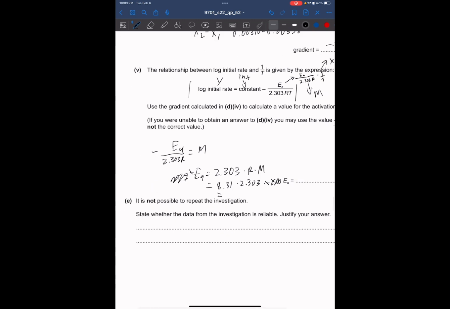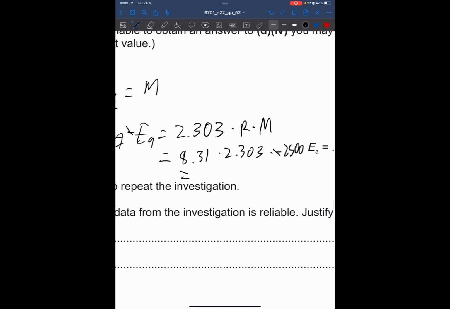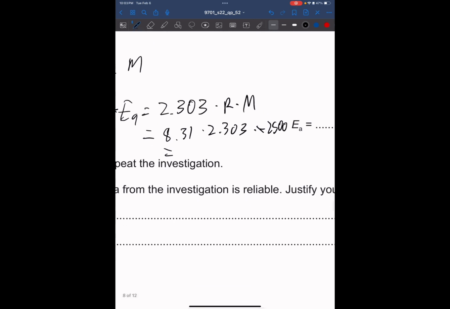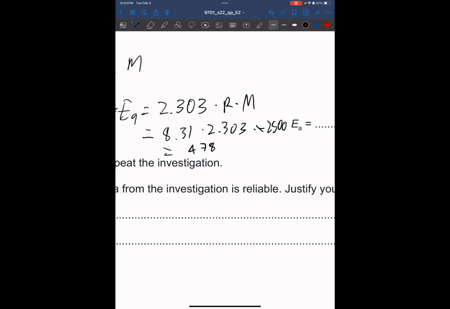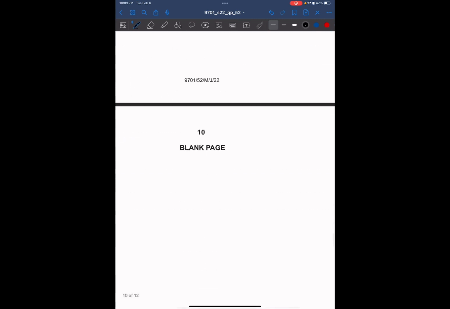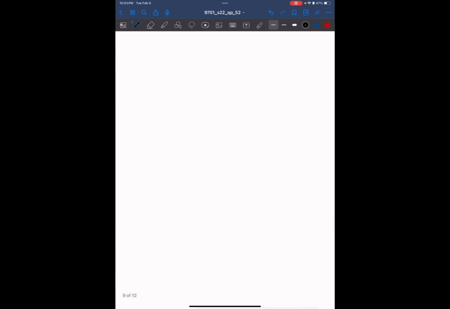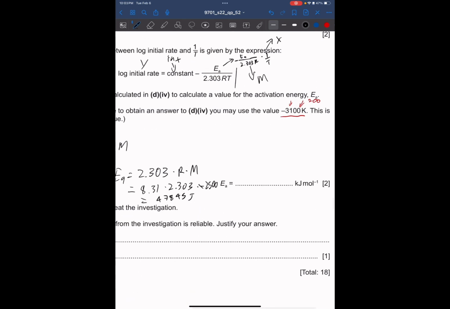So our value is going to be 47,845 joules. The reason why it's joules is that our gas constant is in joules, so this is going to be in joules as well. If we want to round it off, we just divide by 1,000, so it's going to be 47.8 kilojoules.